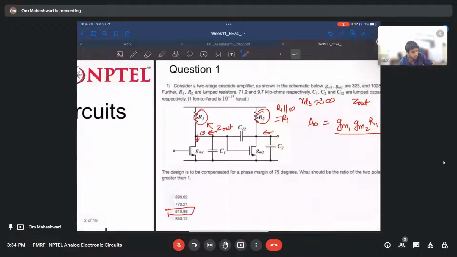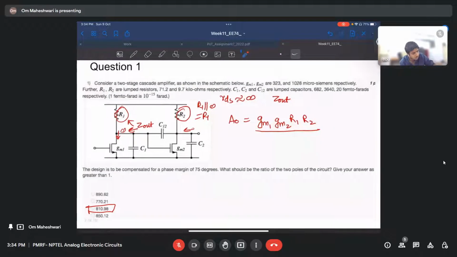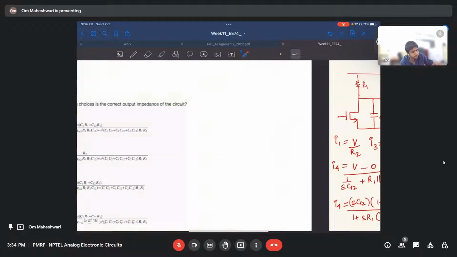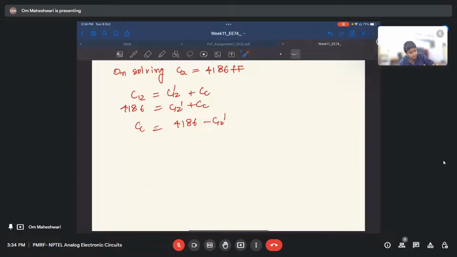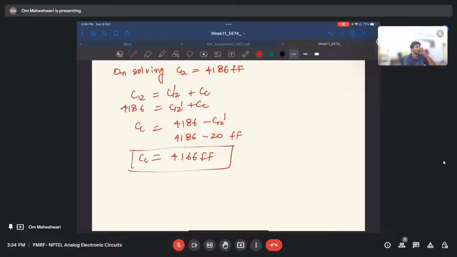In question 1, this value was given: C12 dash was 20 femtofarad. So 4186 minus 20 femtofarad gives 4166 femtofarad. This is the final answer.